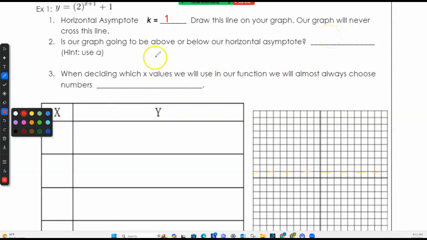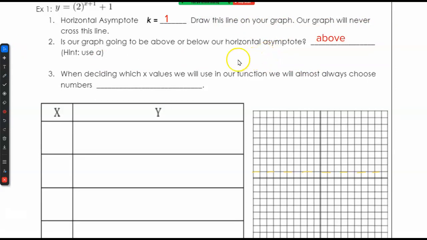Is our graph going to be above or below the line? Let's see. So k is plus 1. A, the number in the front here, is the positive 1. So our graph should always be above the line that we just drew.